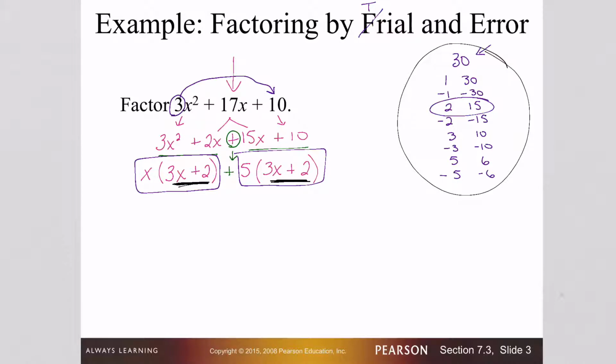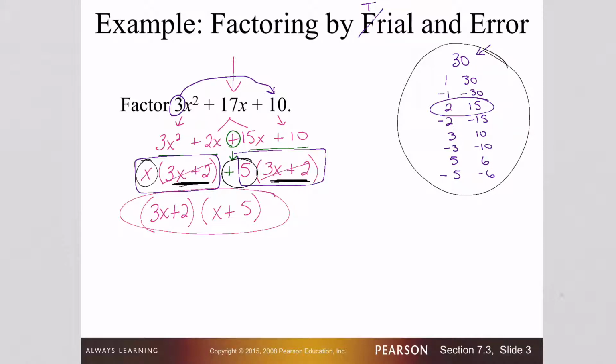So I'm going to factor out a 3x plus 2. Whenever I factor that out, that gets rid of both of those. And what am I left with? I'm left with x plus 5. Sorry, I didn't write the whole thing down. X plus 5. There we go. Okay, so now this thing is factored.